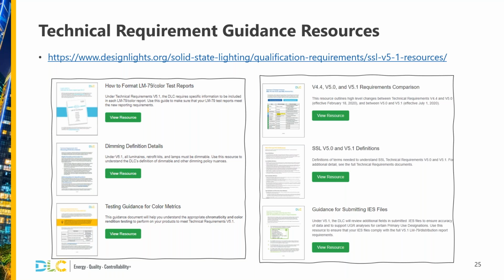The 2 not shown are Understanding Unified Glare Rating, or UGR, which contains the information I mentioned on the previous slide. The other resource not shown here is titled Choosing Configurations for Efficacy Testing under version 5.1. We hope that these resources can help be a guide for you as you submit version 5.1 applications.